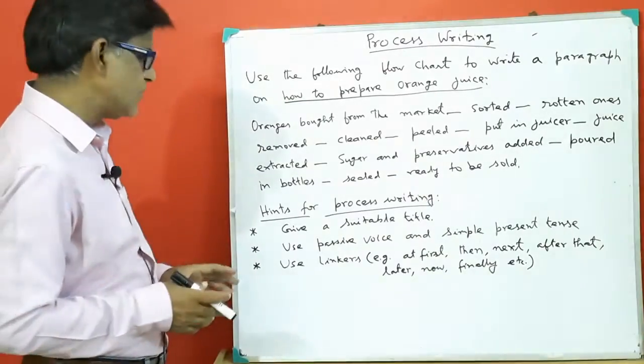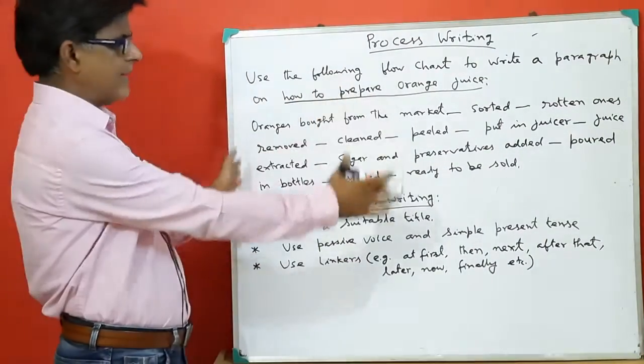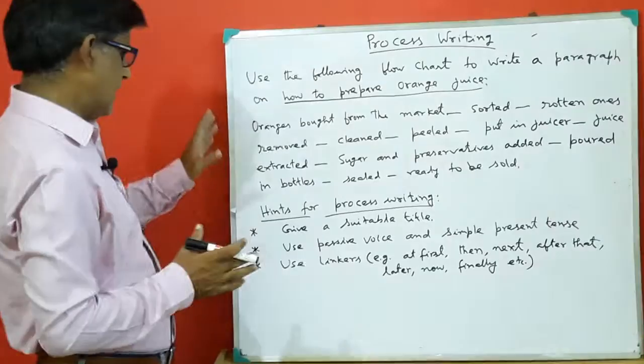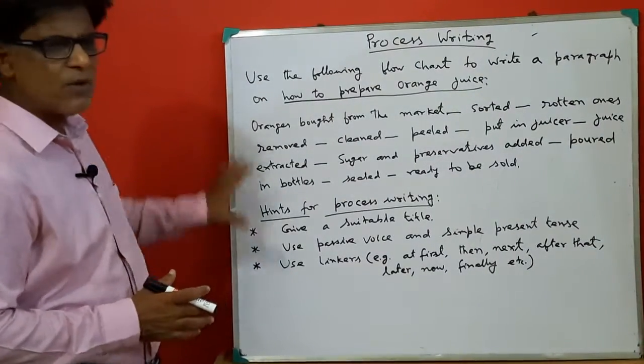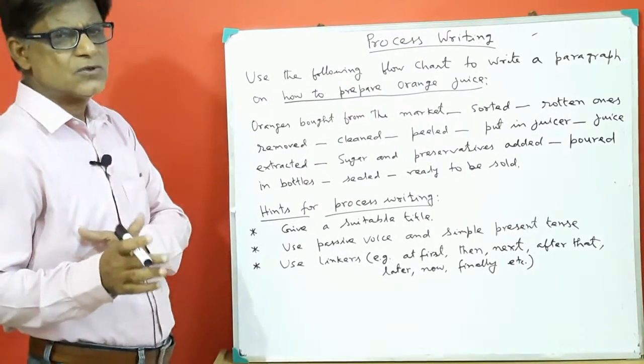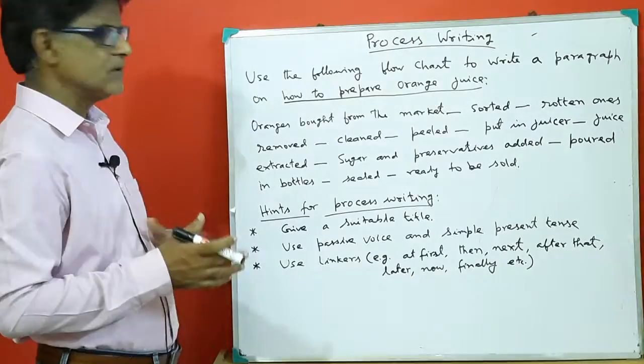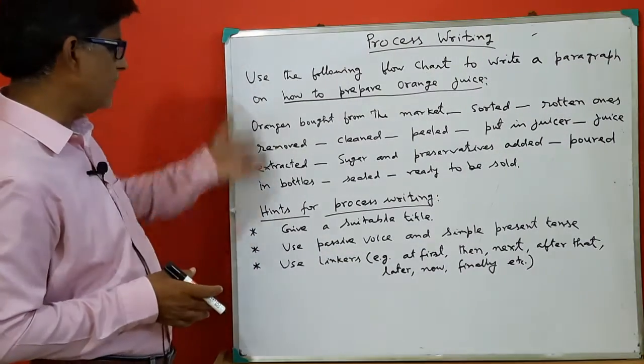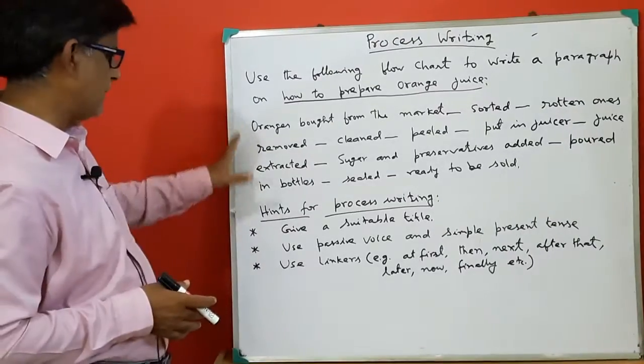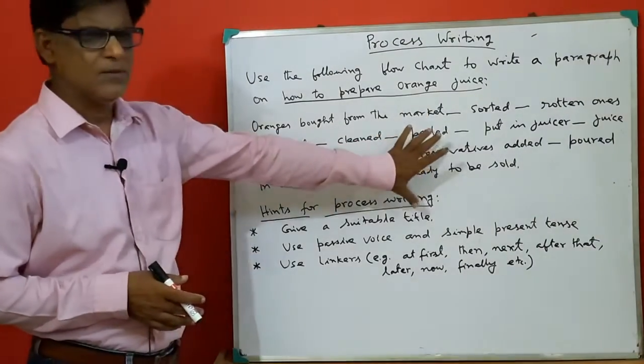Now I am going to write the paragraph here. You note down these points on your exercise book so that it will be easy for you to see how the paragraph is being written here, because I am going to delete the points.